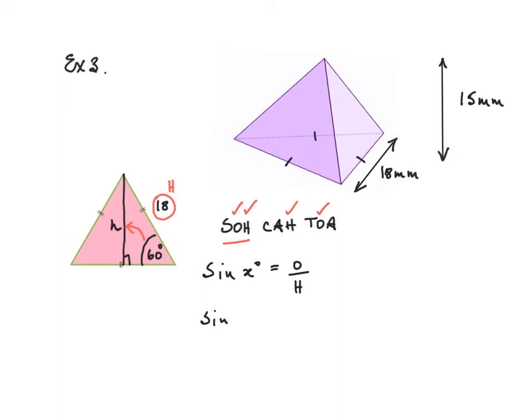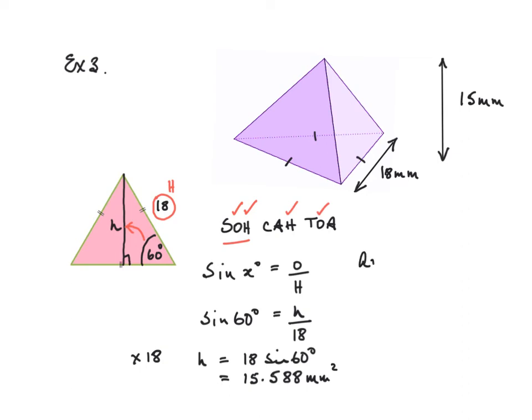Sine of 60 degrees equals, well, small h for the opposite over 18. Now I'm going to multiply both sides by 18 to get rid of the dividing 18. So h equals 18 times the sine of 60 degrees. That's one for your calculator. And that gives us 15.588 millimetres.